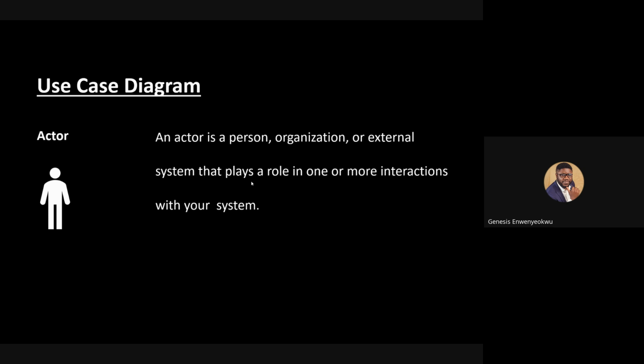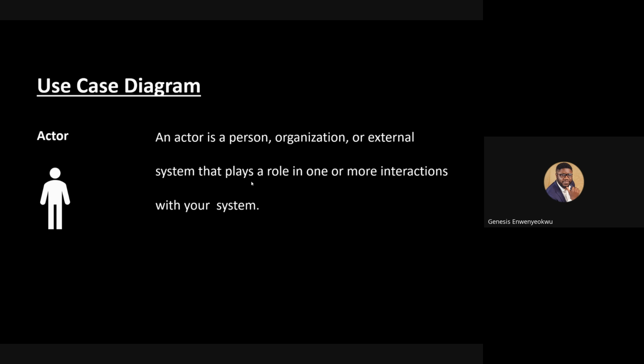An example of an actor for WhatsApp could be a user like you and I. An actor for WhatsApp could also be a business. People that use WhatsApp Business, right? An actor again for WhatsApp could be your phone camera or your phone microphone or your phone book, your contacts. That's because there's an external system that you need to allow permission for proper integration or interaction with your WhatsApp so that it can easily sync your contacts for you to chat with on WhatsApp.